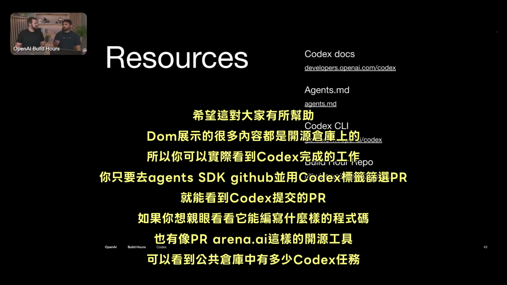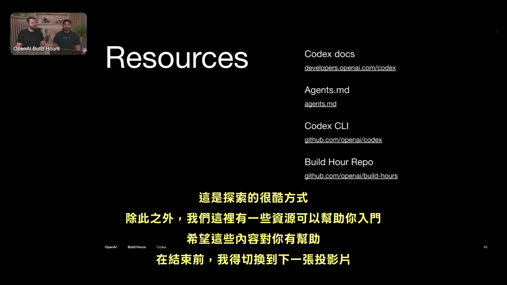There are also open source tools like PRArena.ai where you can see how many Codex tasks exist on public repos. It's a cool way to explore that. Otherwise, we have some resources here that you can use to get started.